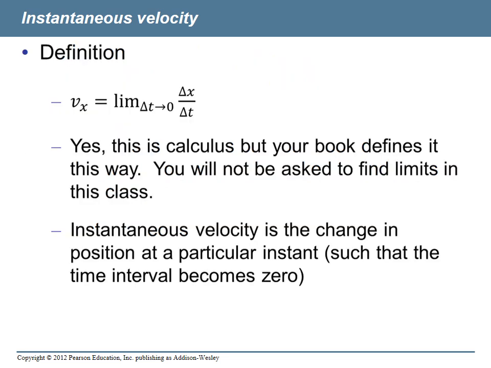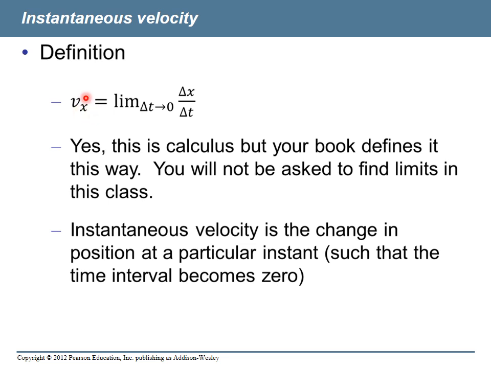So the definition of the instantaneous velocity, and I realize this is not a calculus-based class, but this has some calculus in it, but your book defines it this way. You're not going to be asked to find limits in this class. But the velocity subscript x, this means the velocity in the x direction, is the limit as the change in time, delta t, goes to 0.